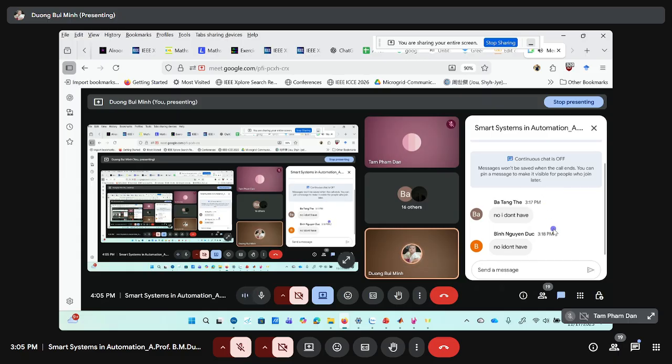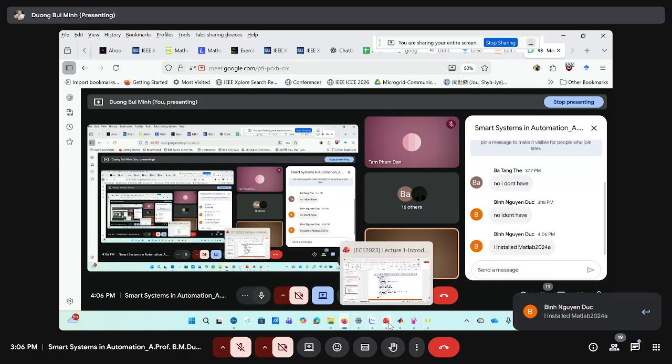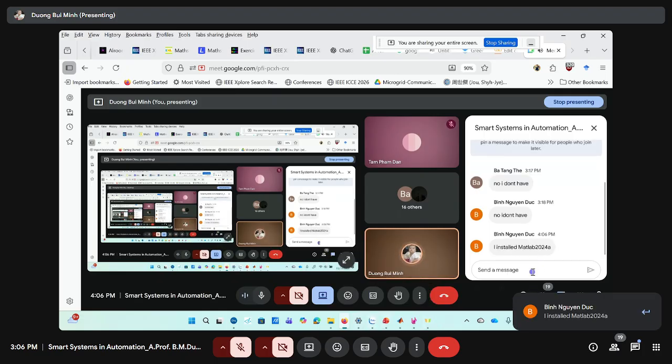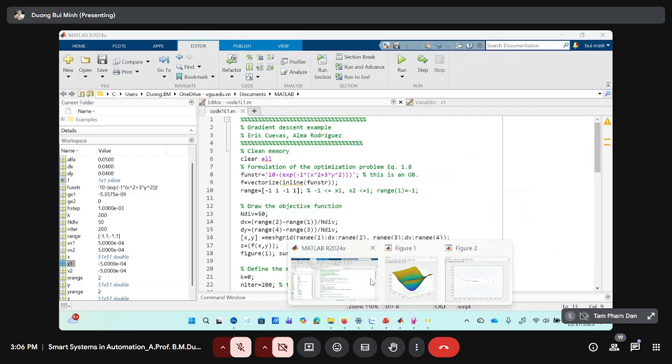You should make sure that by next class you have installed MATLAB 2024B. Otherwise, as I mentioned before, it is not easy to pass this course if you don't practice how to use MATLAB code. You can use ChatGPT or another AI platform to analyze the code for you. Okay, 2025, that's good. I also use 2025.